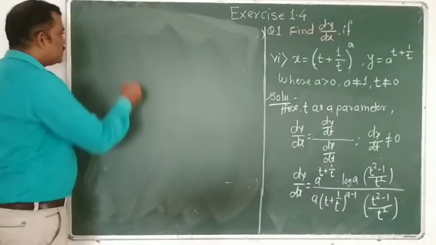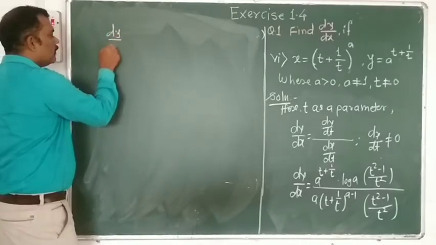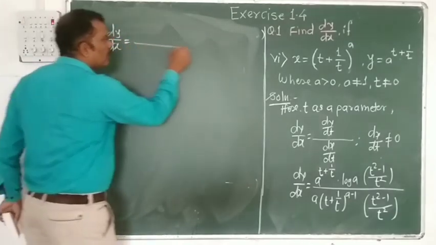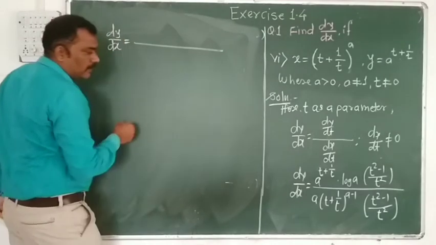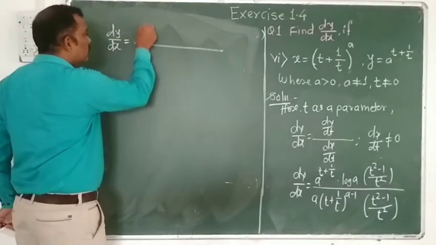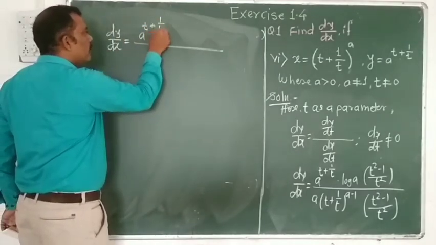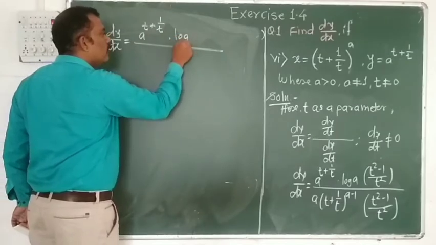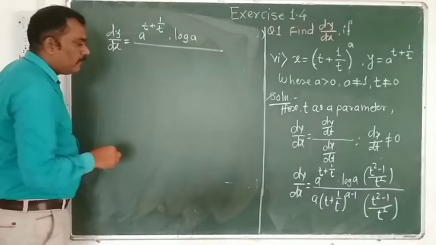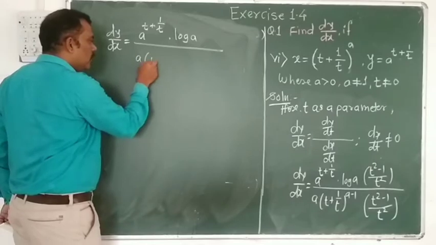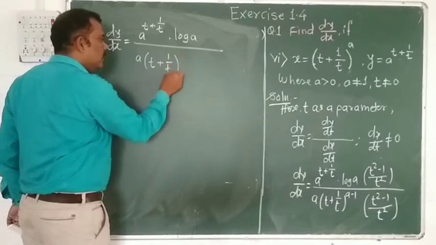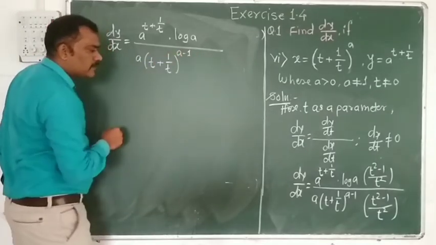dy by dx is equal to, what you have to get here, a raised to t plus 1 upon t into log of a divided by a into t plus 1 upon t raised to a minus 1.